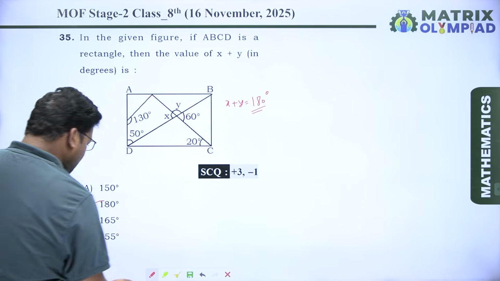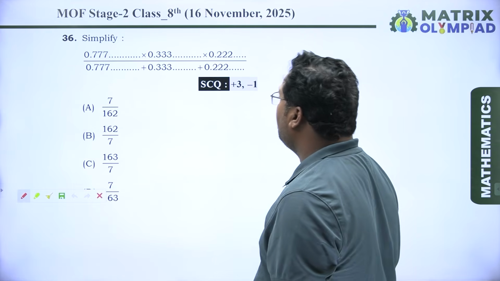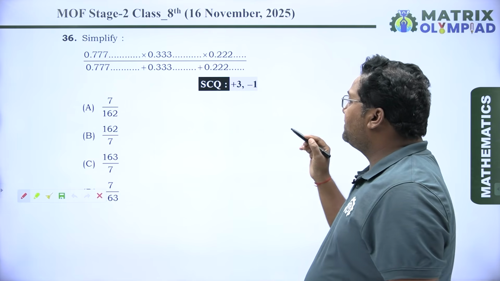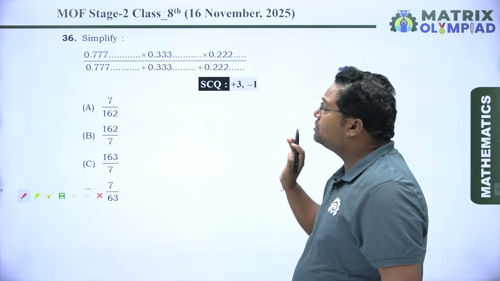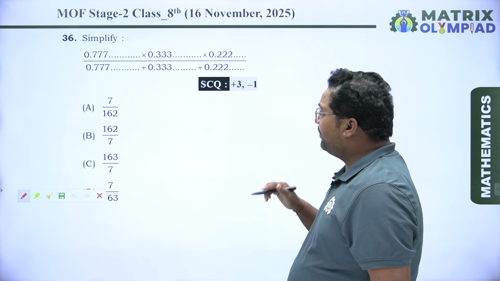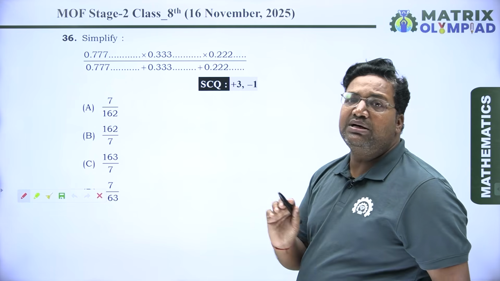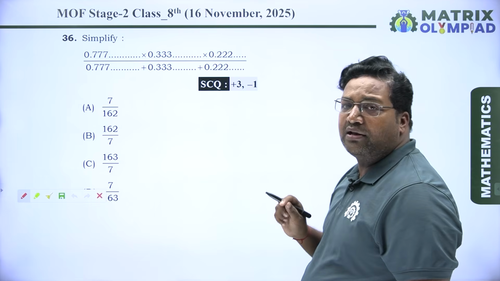Now coming to the next question. Next question is, simplify 0.777 dot into 0.3333 dot into 0.222 dot upon 0.7 bar plus 0.3 bar plus 0.2 bar. Here you can see all the numbers are non-terminating repeating numbers.